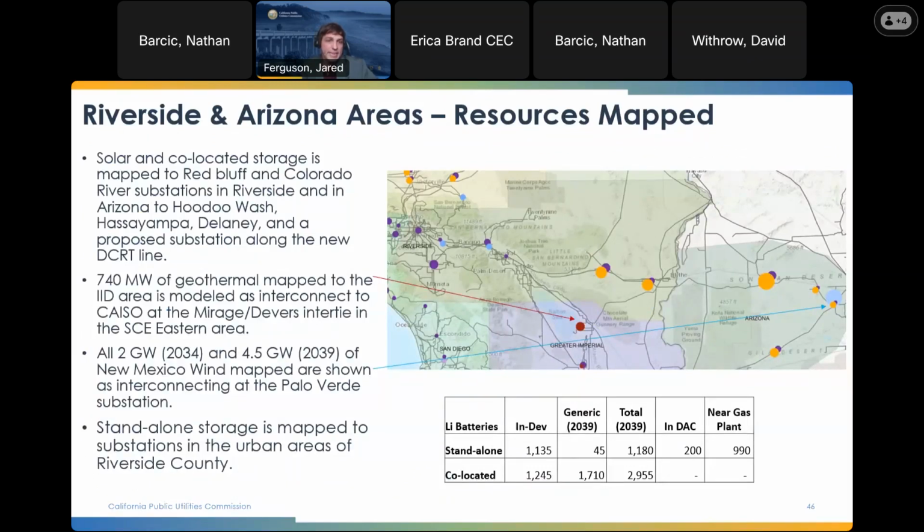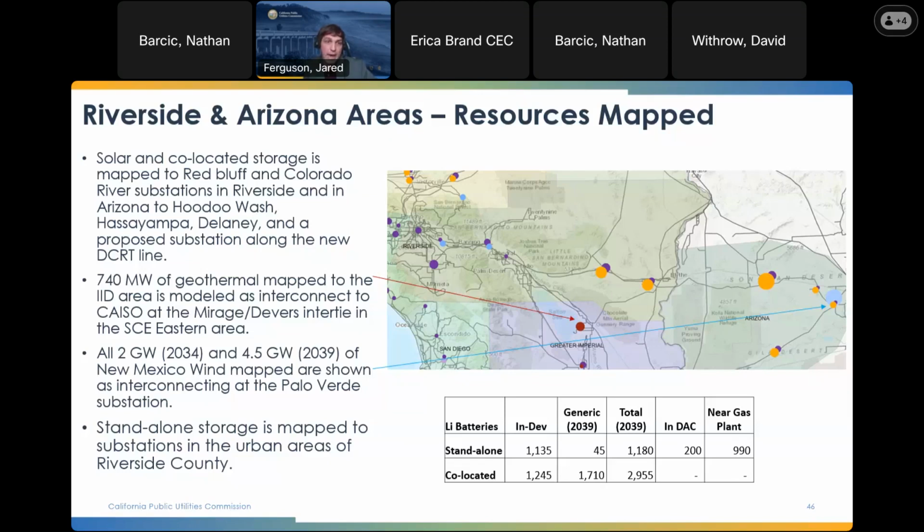So in addition to the New Mexico wind that we have currently all interconnecting at the Palo Verde point, we also have solar and co-located storage mapped in the Riverside area to Red Bluff and Colorado River. And then in the Arizona area, we have it mapped to Delaney, Hoodoo Wash, Hassayampa, and then the proposed new substations on the DCRT line.